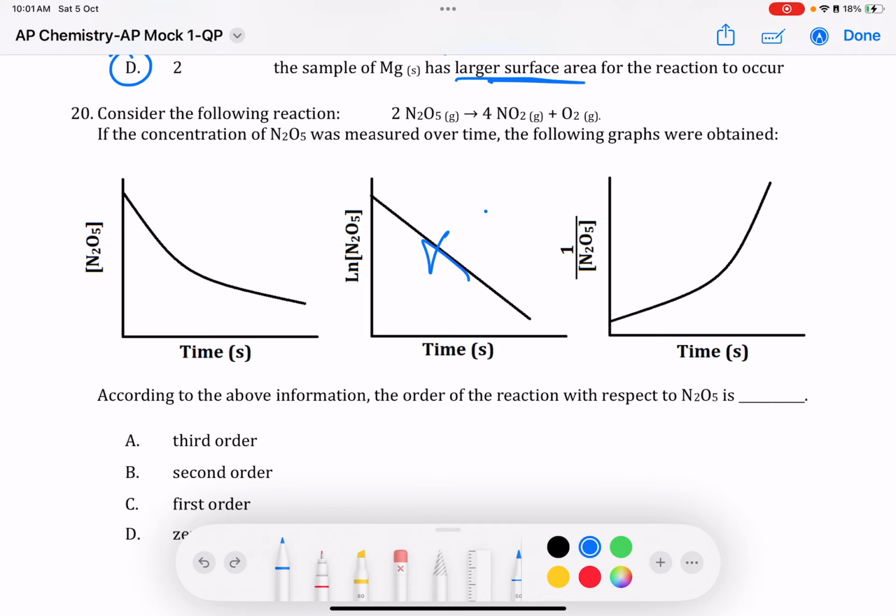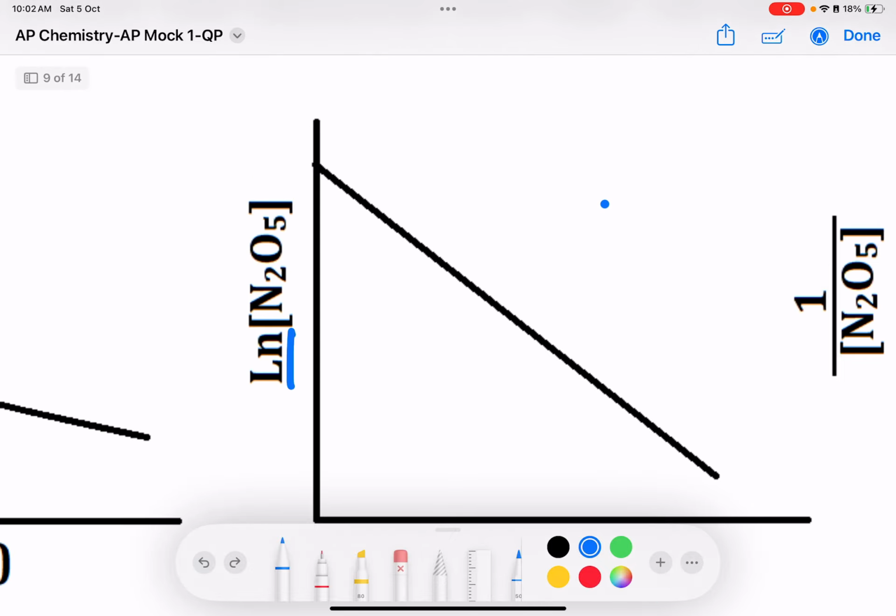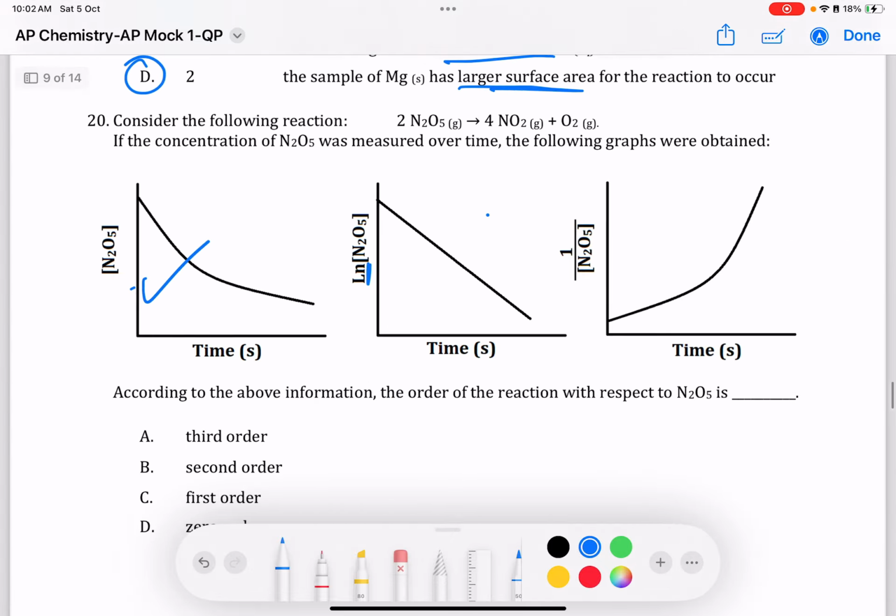So let's look at the question. If the concentration was measured over time, the following graphs, okay. Here we're looking at the order of this reaction. Okay, so this is correct. Oh, this is ln. Actually, I didn't see ln here. So this is ln.